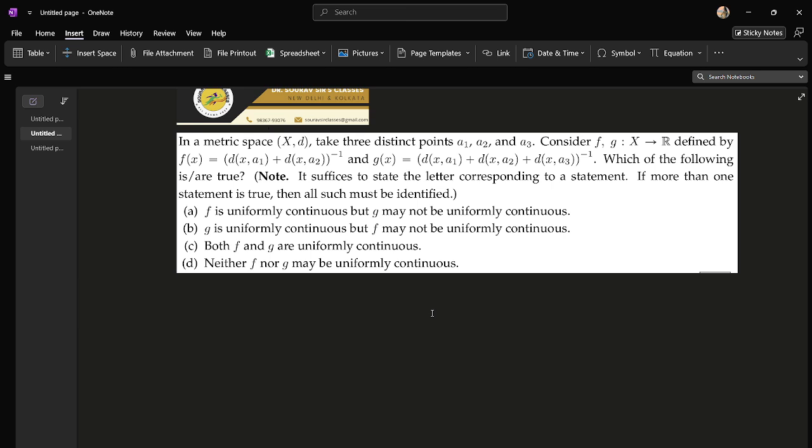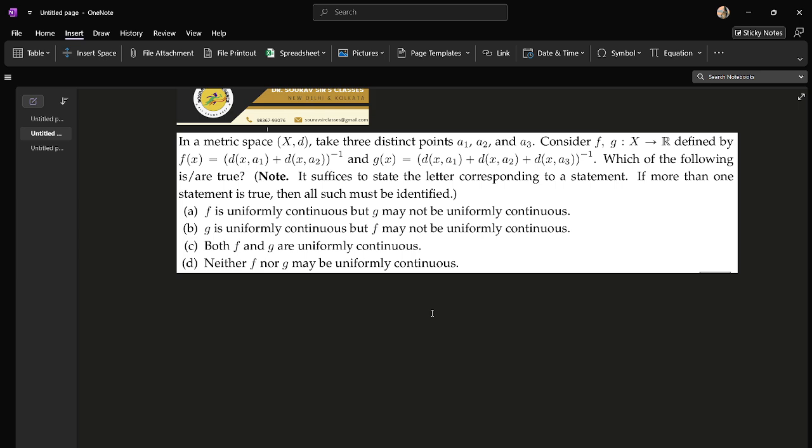Consider f and g from X to R defined as f(x) = 1 by (d(x, a1) + d(x, a2)), and g(x) = 1 by (d(x, a1) + d(x, a2) + d(x, a3)), and all are positive. Which of the following is or are true? It suffices to state the letter corresponding to a statement. If more than one statement is true, then all such must be identified.